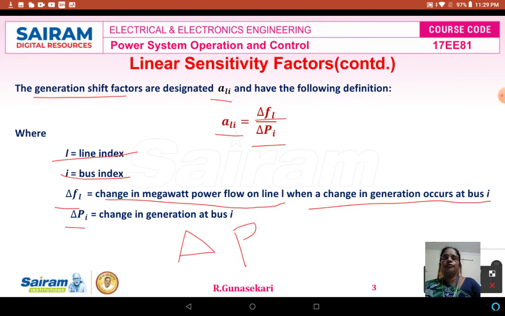Similarly, in del FL, del is for change, F is the megawatt power flow, and L is line L.